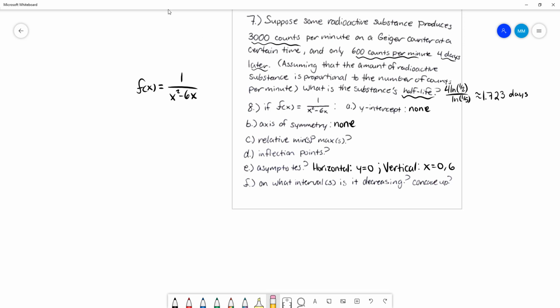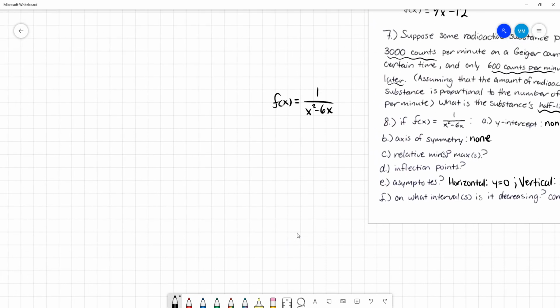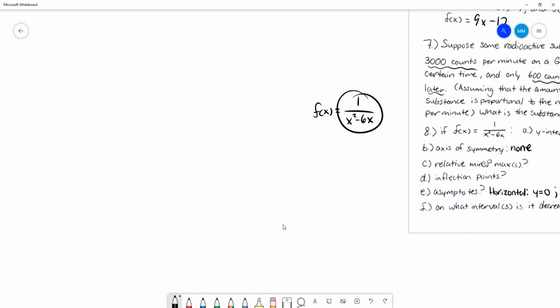Now, let's go about taking those derivatives, because we need that for the rest of the questions. So, of course, we're going to use quotient rule. So that first derivative, let's see if we remember quotient rule, it's low d high minus high d low over low low.